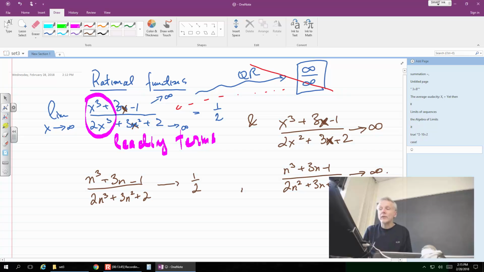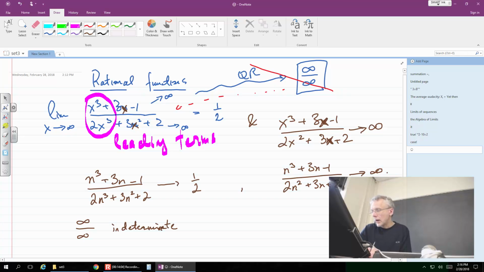So the last one requires this new definition that we have discussed. So in other words, infinity over infinity, indeterminate. Bad news.